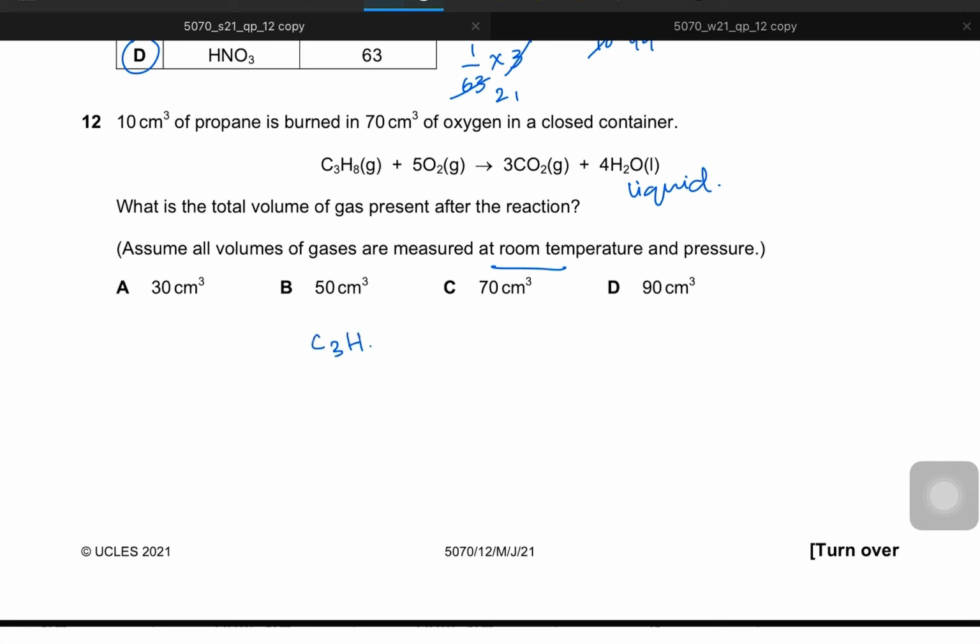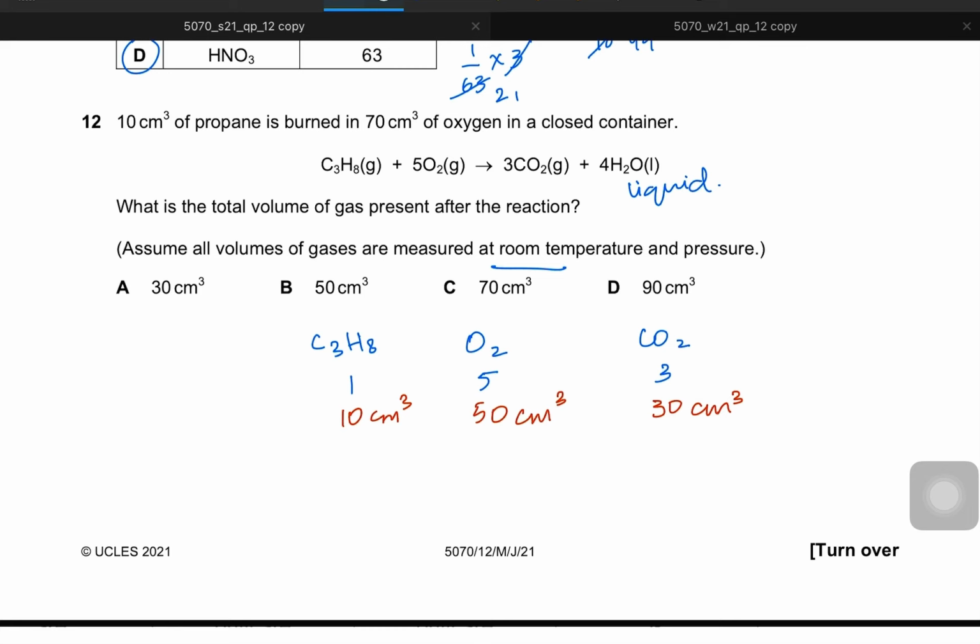Out of the propane and the oxygen, the ratio is 1 reacts with 5, and it produces 3 of carbon dioxide. If you have 10, it should react with 50 and should produce 30 of carbon dioxide. So 10 centimeter cube reacts with 50 centimeter cube to produce 30 centimeter cube of carbon dioxide.